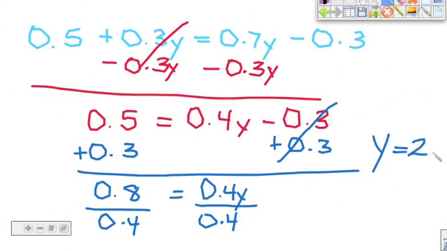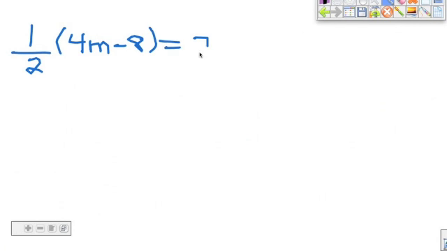Let's try some more that are a little bit more intense, have more steps to them, let's put it that way. So let's try something like 1/2 times 4m minus 8 equals 2m minus 10 plus m.